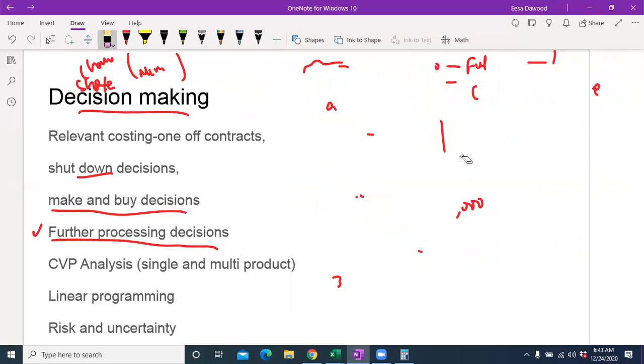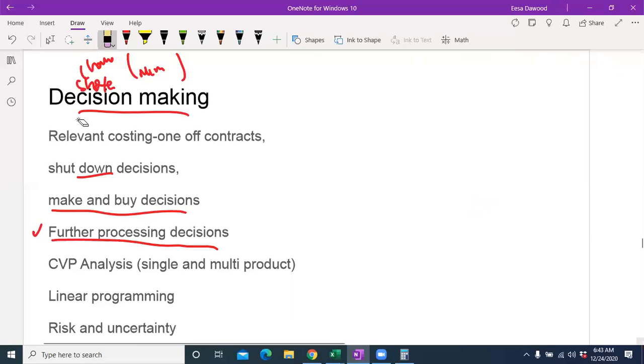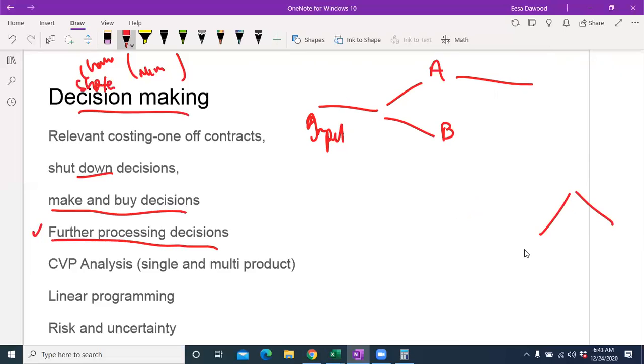So from a common input, there are multiple joint products, okay? For example, I have a certain input, and at the split-off point, I've split it into product A and B. Now both of the joint products are individually saleable right there at the split-off point.